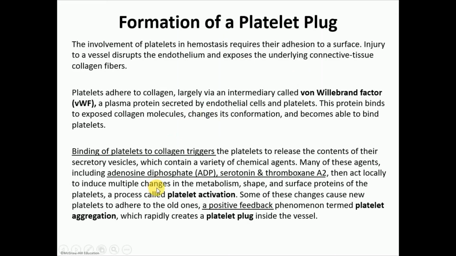Platelets are activated by different chemicals like ADP, serotonin, or thromboxane A2, all of which are released due to the injury. Those are going to activate your platelets, and by positive feedback, these activated platelets are going to activate more platelets, and all of them are glued together to make this platelet plug. That gluing of the platelets together is known as platelet aggregation.